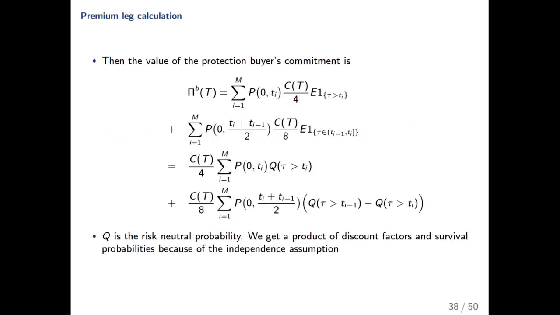The very first sum is just one coupon payment, so this is the P of 0.25 times Q, the survival beyond 0.25.